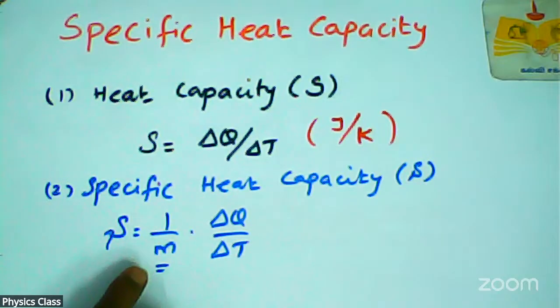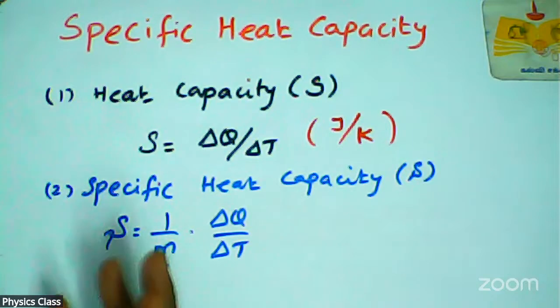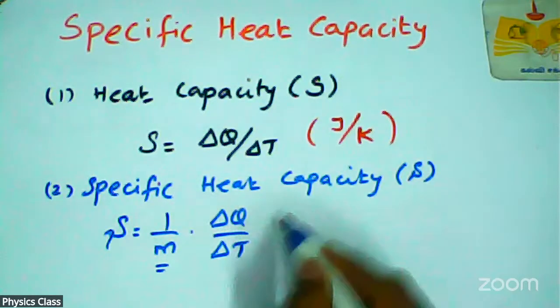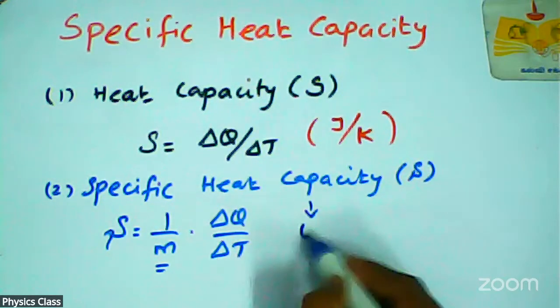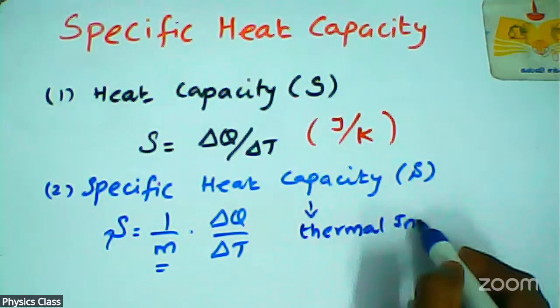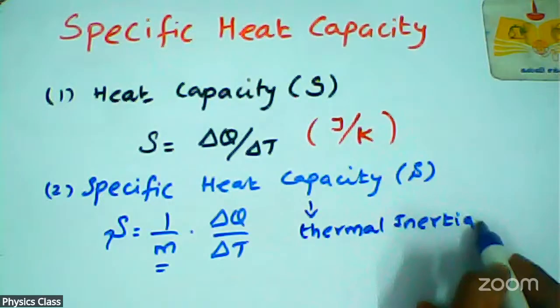It is a characteristic constant for a given material, independent of the sample size. It represents the material's thermal inertia. Clear?